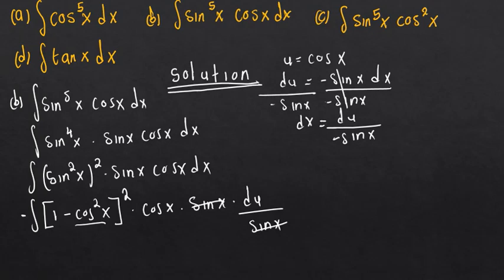Now this simply means that everywhere where there is cosine x, we replace it with u, then du.